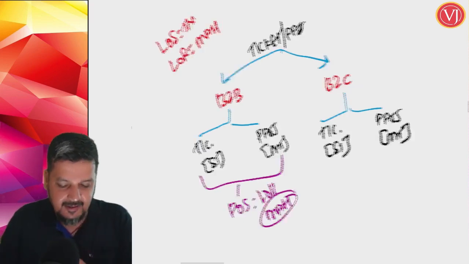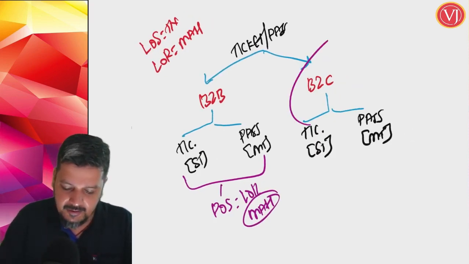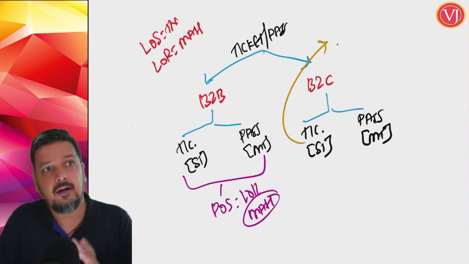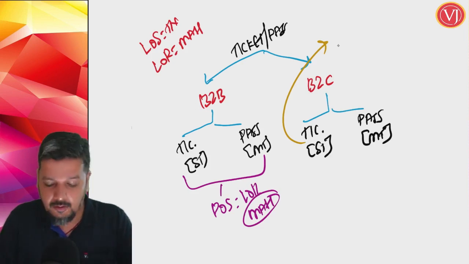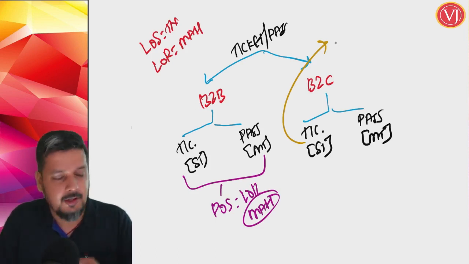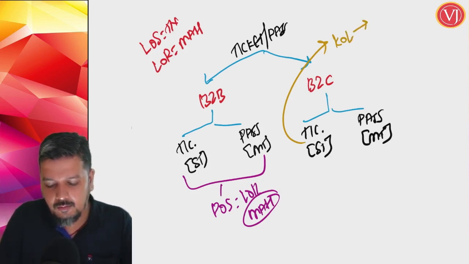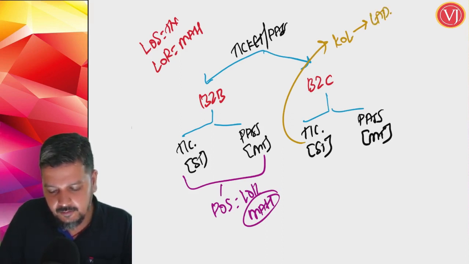Now, if it is ticket, let us assume that in this ticket, I'm taking other places where you are talking about neither Tamil Nadu nor Maharashtra. I am going to travel from say Kolkata to say Ladakh.